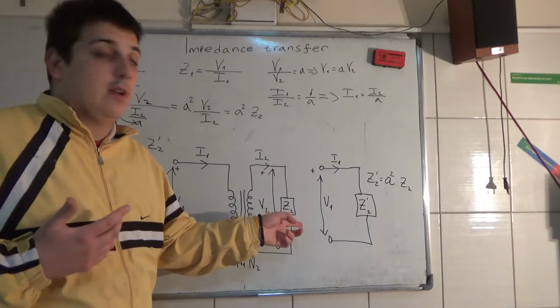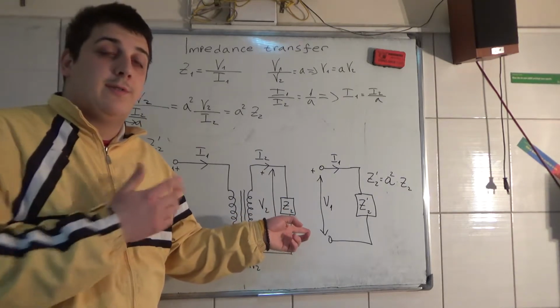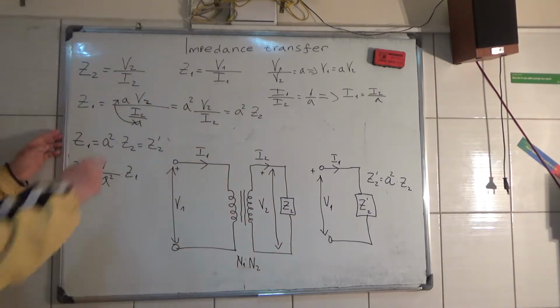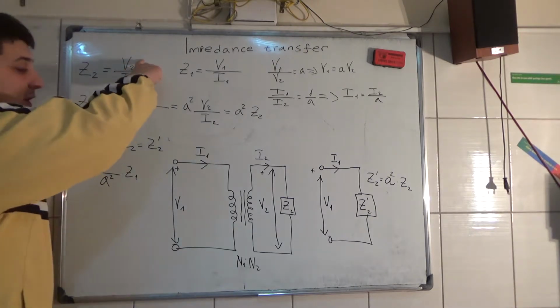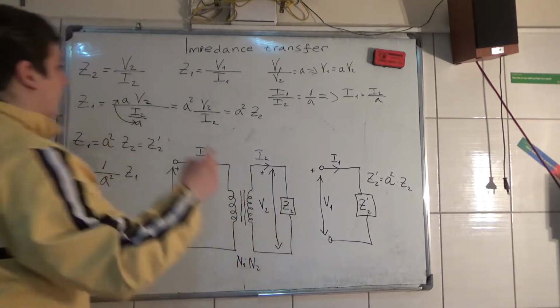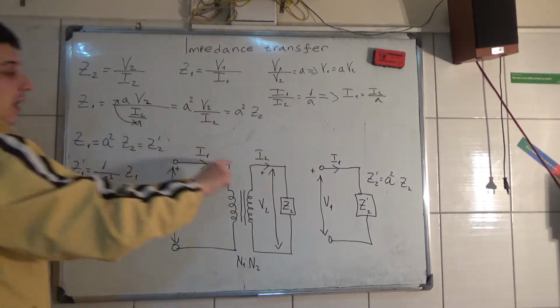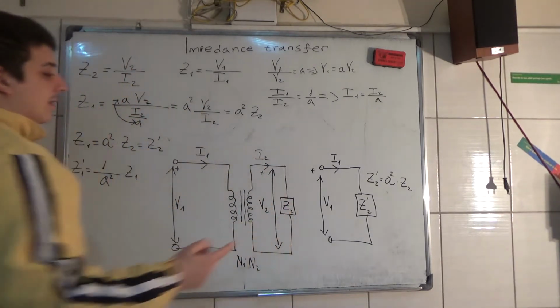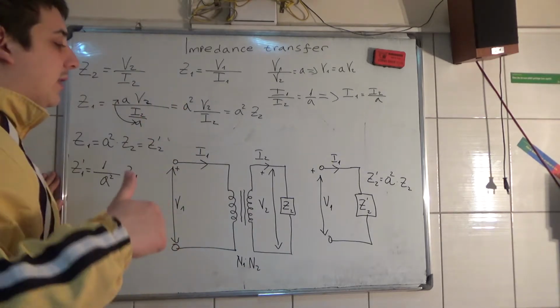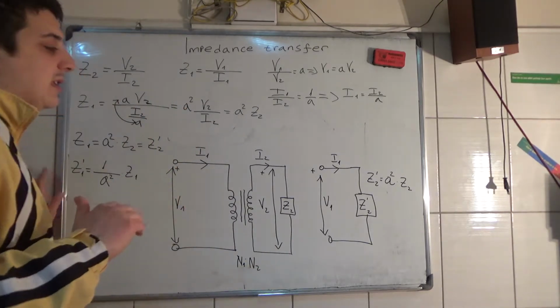So the impedance in alternating current is defined by Ohm's law, that is equal to the voltage on that consumer divided by the current that goes through it. Now we can put a resistor, some inductance, capacitance.